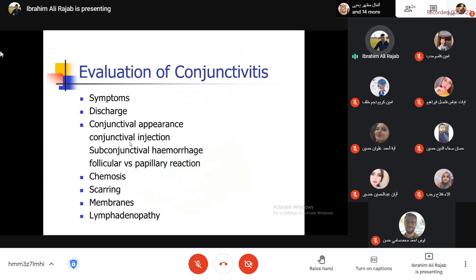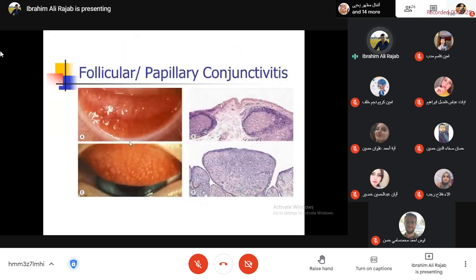The conjunctiva will react to the inflammation in a special way if the lymphoid cells under the conjunctival epithelium undergo hyperplasia, forming a lymphoid follicle. It causes what is called follicular conjunctivitis.